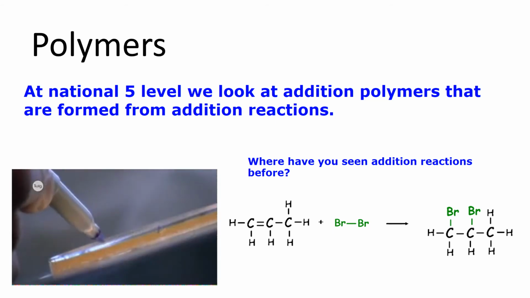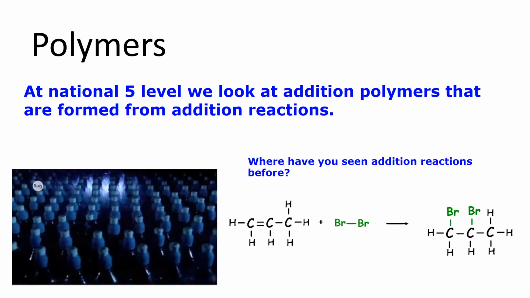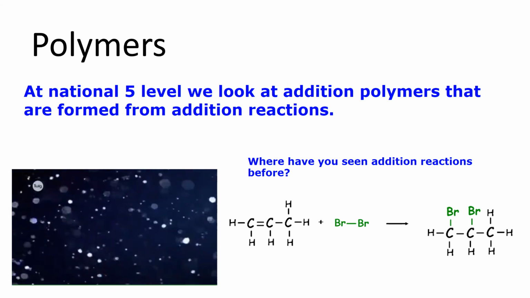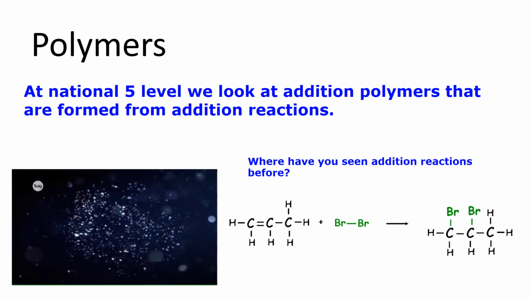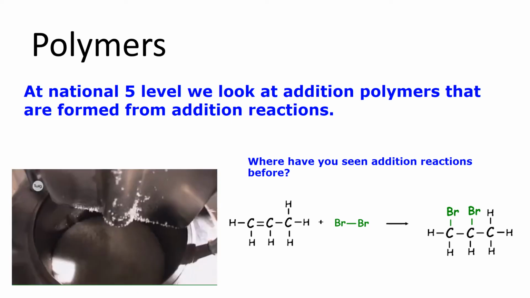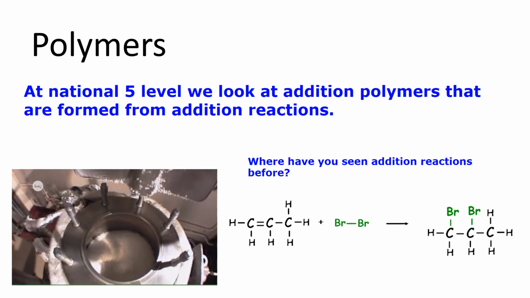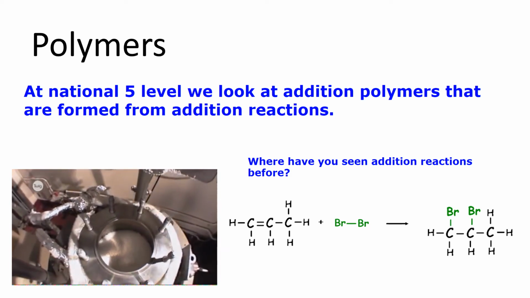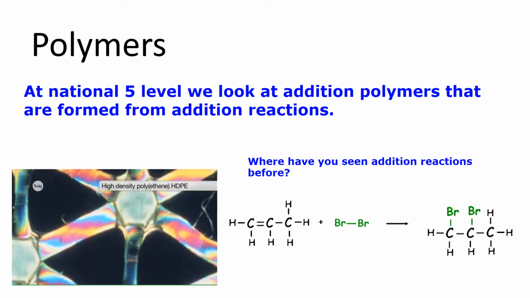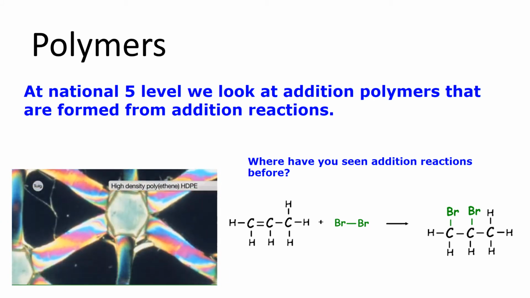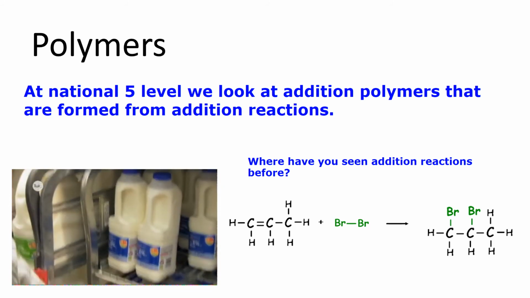The reason plastics have different properties isn't just because they're made from different monomers. It's also down to how their polymer chains are arranged and held together. Take high-density polythene, for example, with straight polythene chains packed closely together, producing a high-density material. It's rigid, strong, and used to make plastic milk bottles.